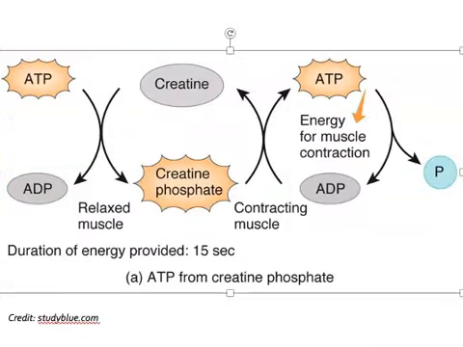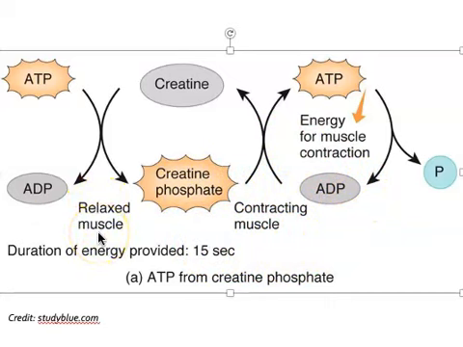On this slide, we can see the role that creatine and creatine phosphate play in a muscle fiber. If you look over on the left side, we're looking at the state of relaxed muscle. And over on the right, we're looking at the state of contracting muscle. So if you start at the left, this muscle is relaxed.